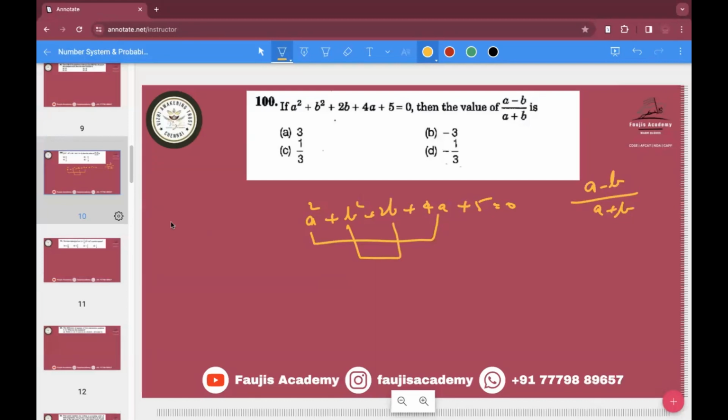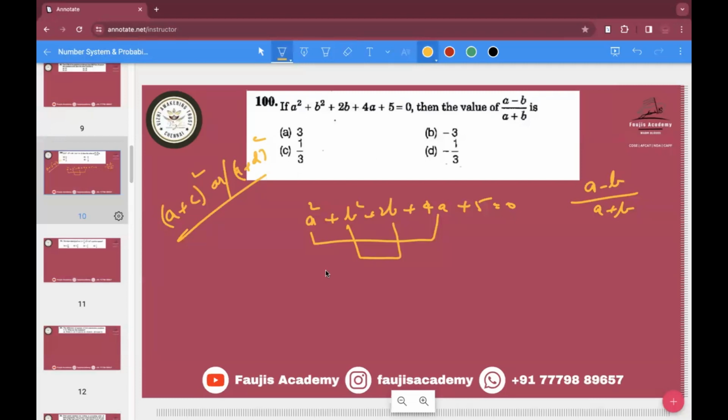You have to represent it in the form of a plus b whole square, and a plus c whole square, and a plus d whole square. It's not divided by, or.